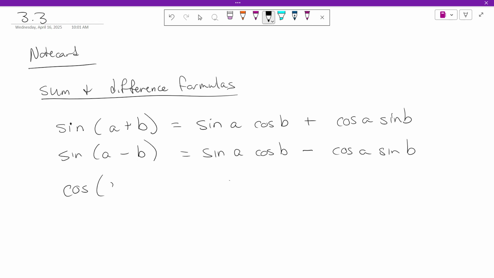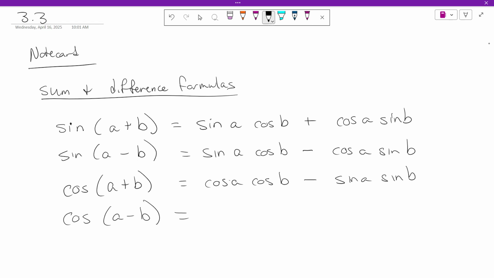Cosine of A plus B is cosine of A cosine of B minus sine of A sine of B. Cosine of A minus B is cosine of A cosine of B plus sine of A sine of B.